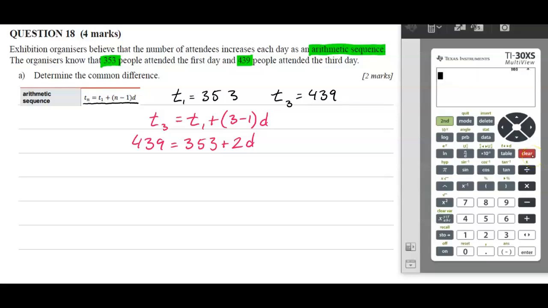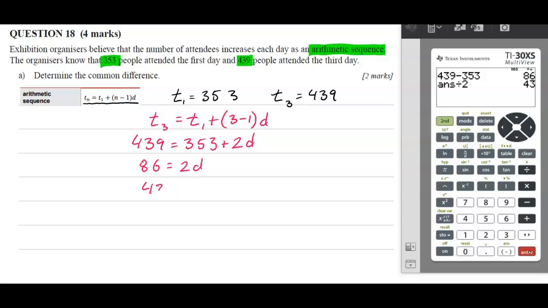So first of all, in order to get 2d by itself, we need to subtract 353 from both sides, which gives us 86. So 86 equals 2d. And to get d by itself, we would divide 86 by 2, which will give us 43 equals d. Sorry, that's a bit messy.